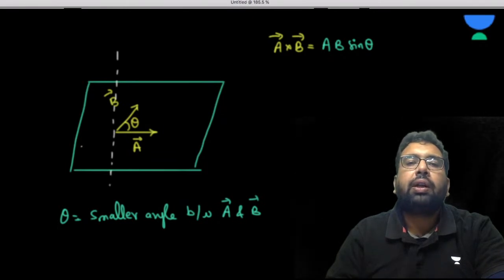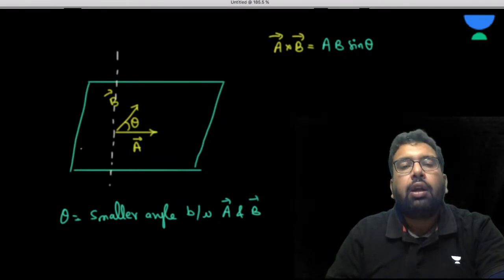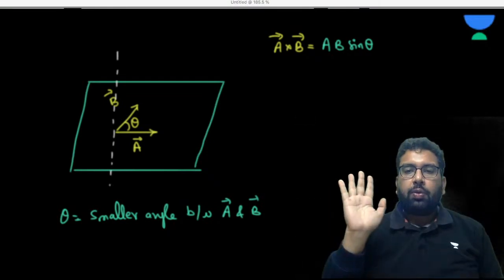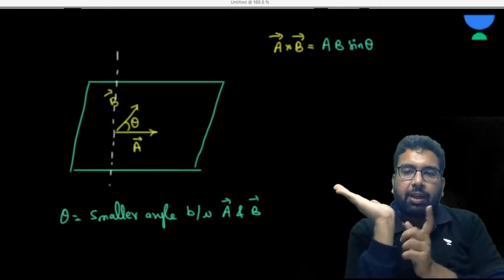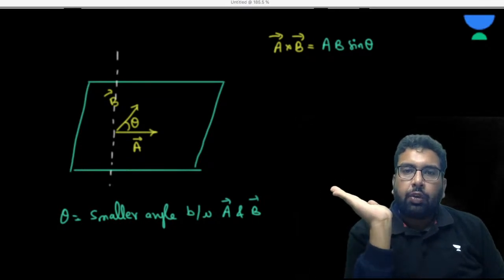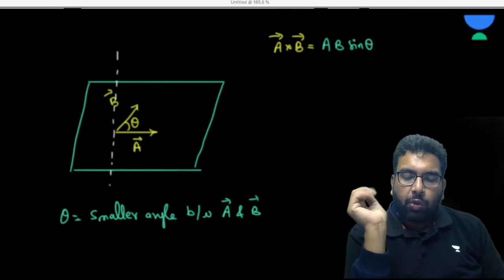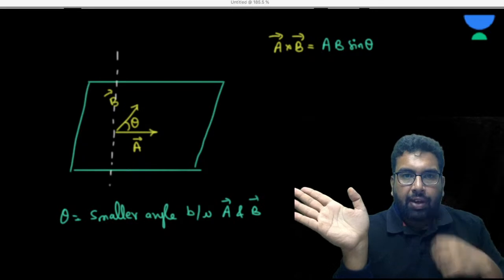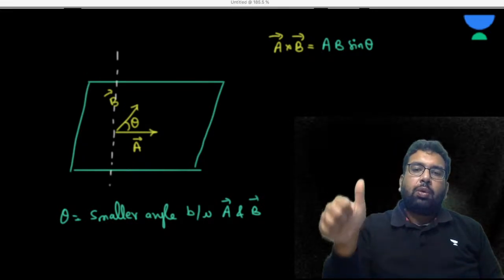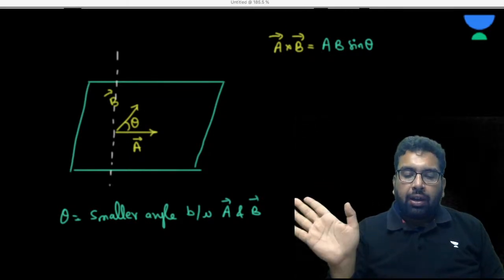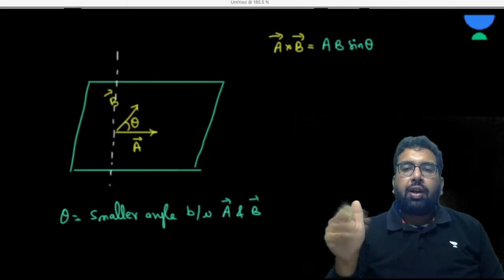Now, to know whether it is in the upward direction or the downward direction, we are supposed to use the right hand thumb rule. For that, I told you we need to use our right hand. We'll keep this point at the juncture of these two vectors. Now we are writing A cross B, so we need to place our right hand in a way that the fingers curl from the initial vector to the final vector.